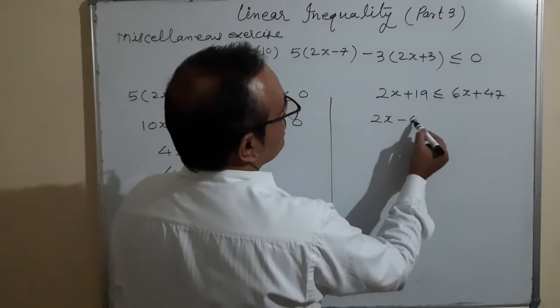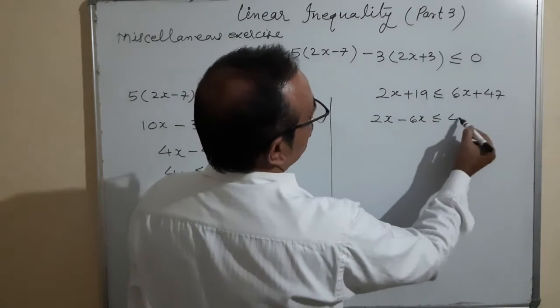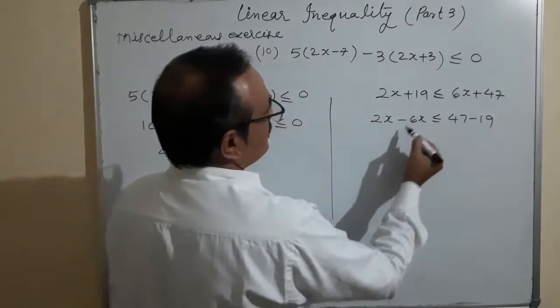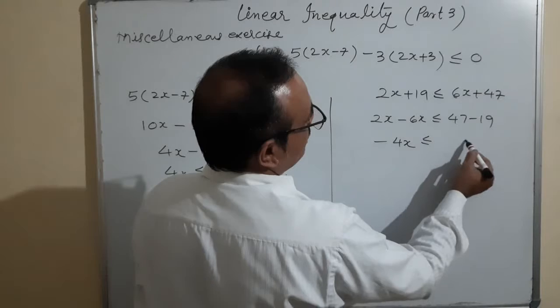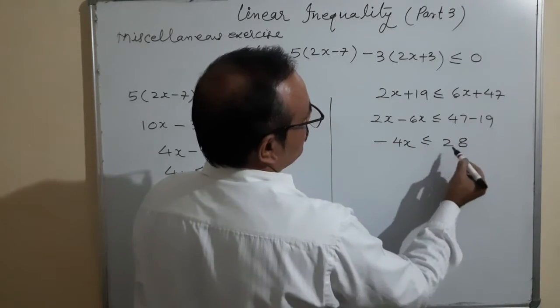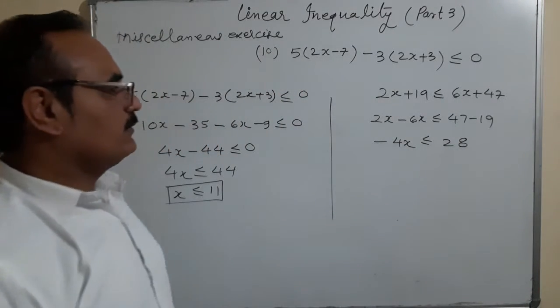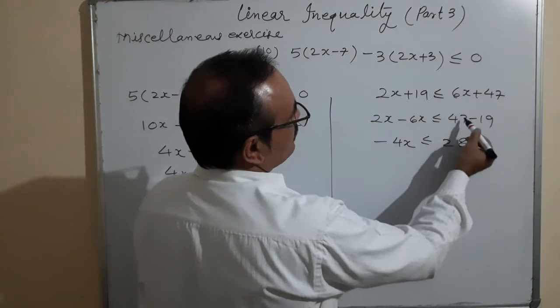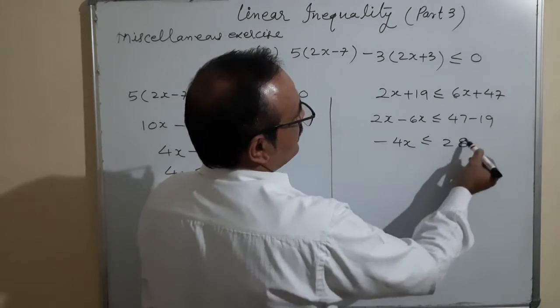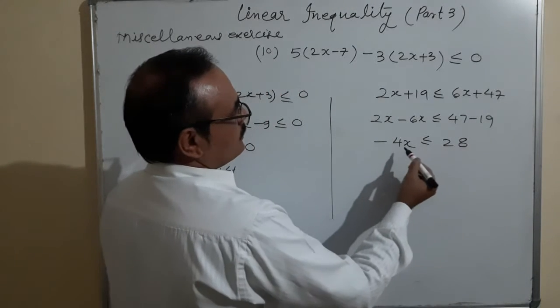Second, 2x minus 6x is less than or equal to 47 minus 19. 2x minus 6x is minus 4x, less than or equal to 28.